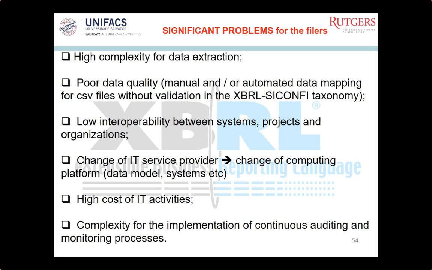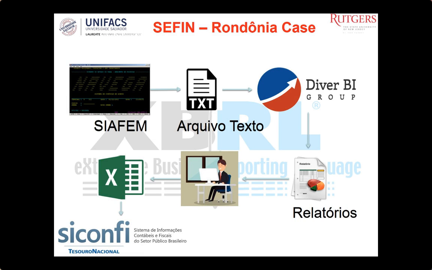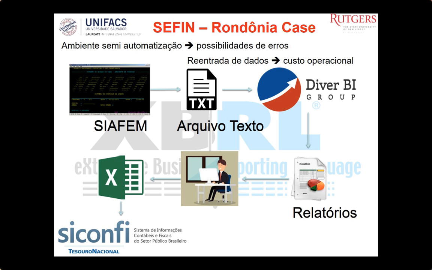It is inside the field, inside of the states, the state and municipality system, to send the information for the Brazilian treasury. Here's a case of Rondônia. Rondônia is one of the 27 states of Brazil.